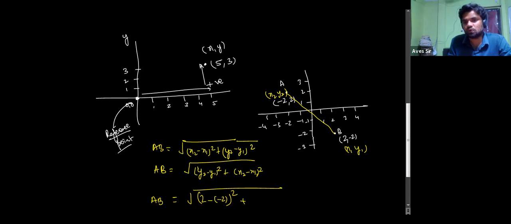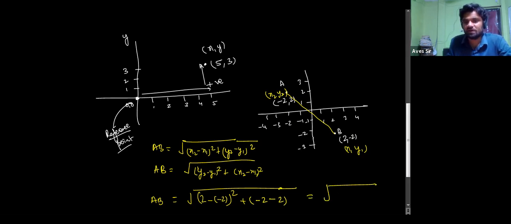So you can write here 2 minus minus 2, plus y1 is minus 2, so minus 2 minus 2. Okay, so whatever the answer comes, you have to write it here.